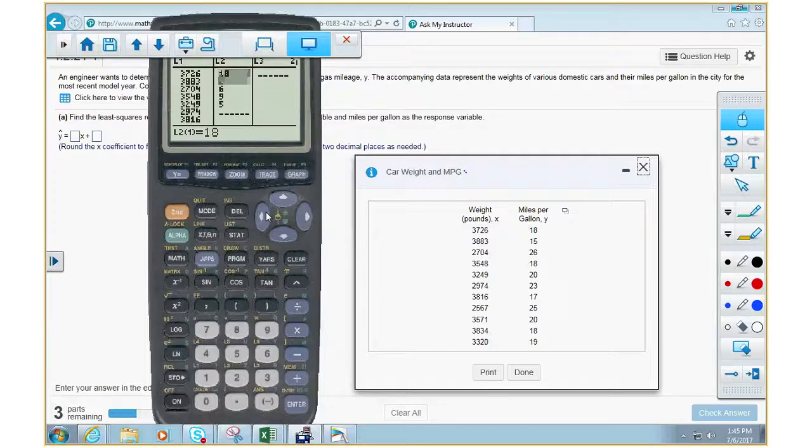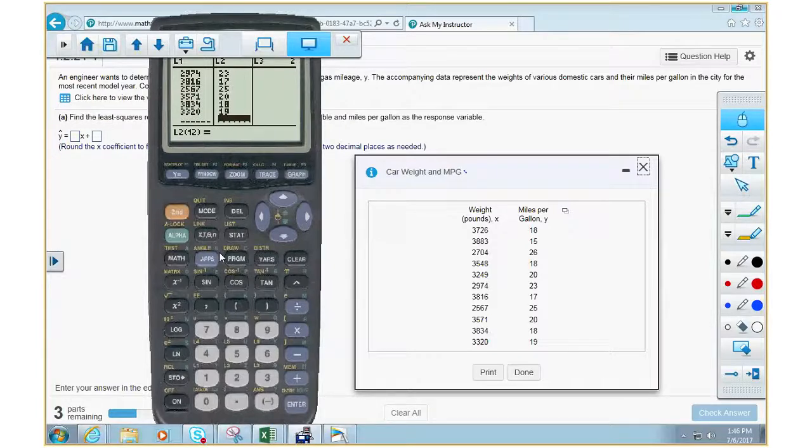The mileages: 18, 15, 26, 18, 20, 23, 17, 25, 20, 18, and 19.